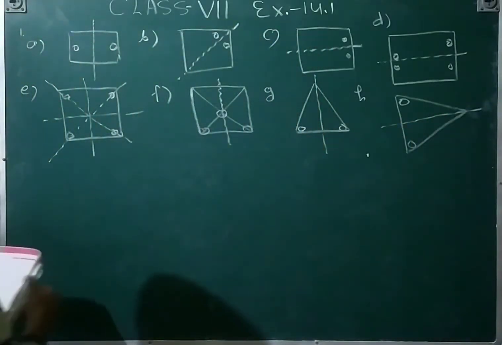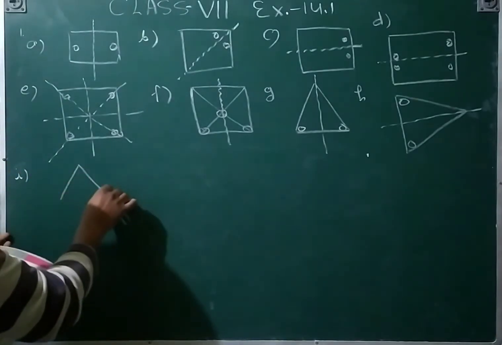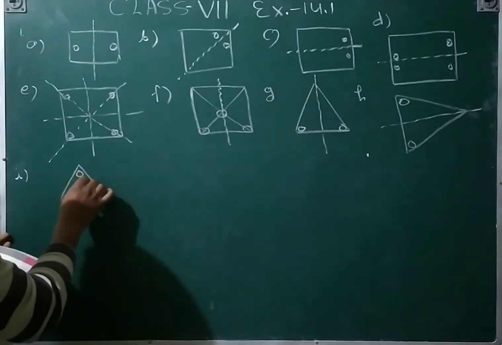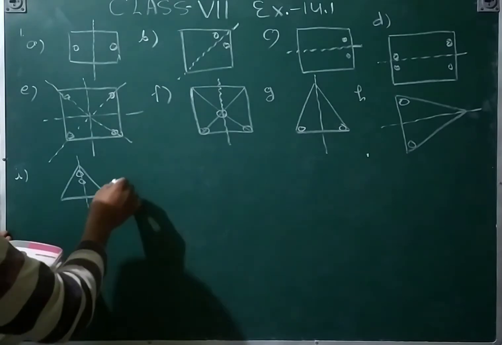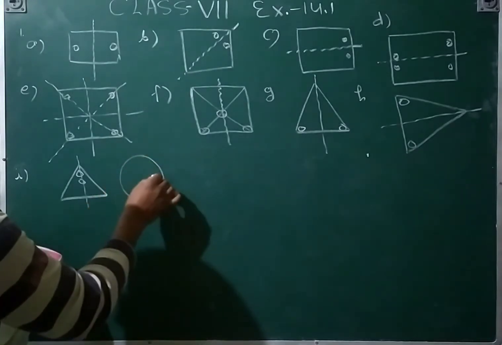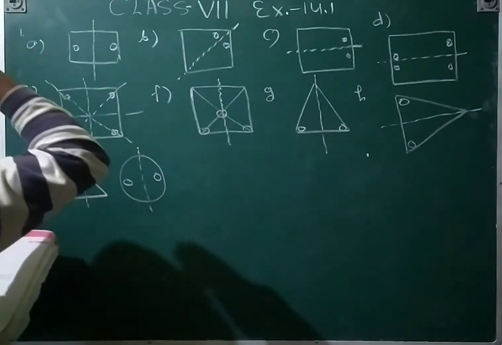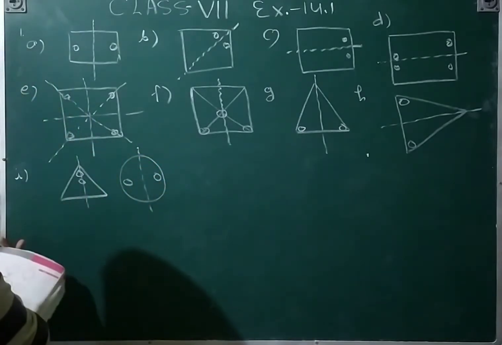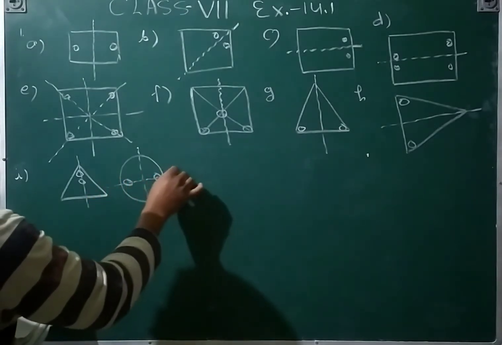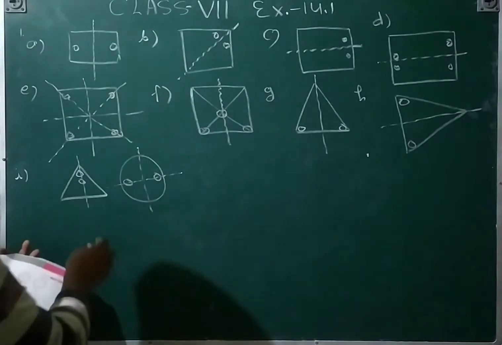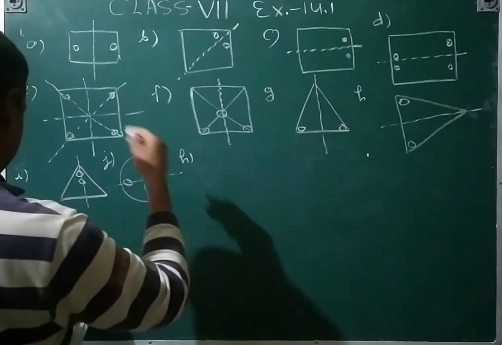I part: that triangle is given, and two zeros are given, so this will be the symmetry line. And then a circle is given, and two zeros are given here, so that will be the symmetry line. And this one also will be the symmetry line. This one is the J part.